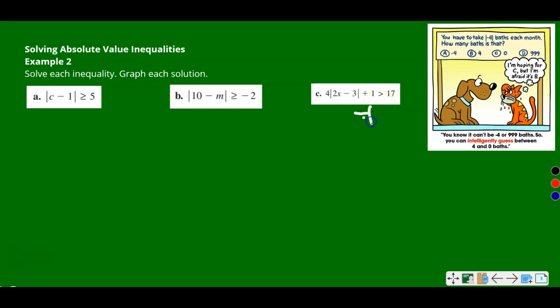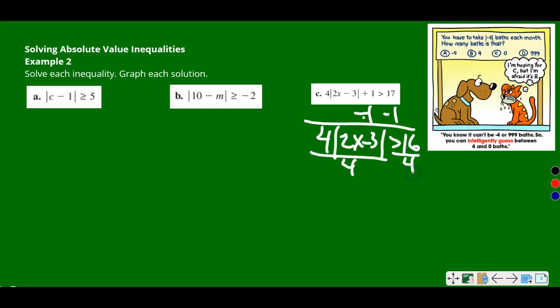So let's subtract 1 from both sides first. 17 minus 1 is 16. Then the 4 is multiplied by the absolute value, so the inverse operation would be to divide. We're dividing by a positive number, so the inequality stays the same. 16 divided by 4 is 4.